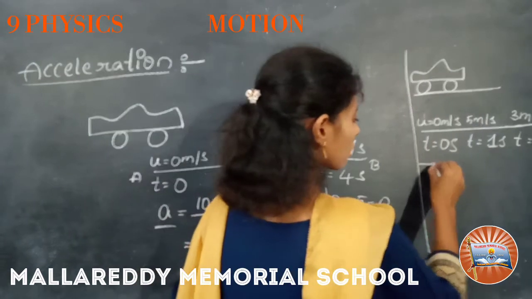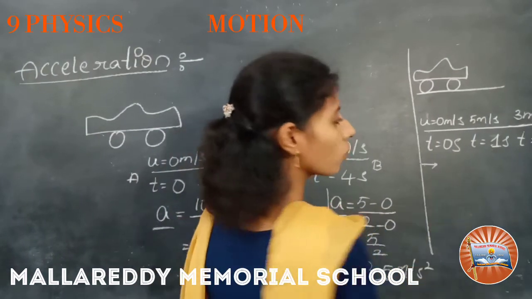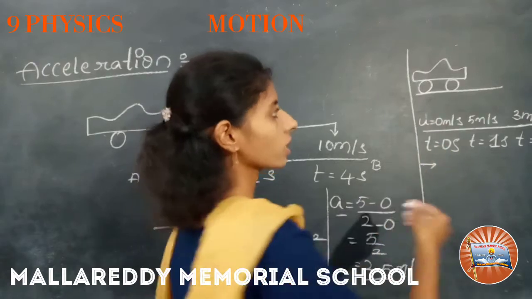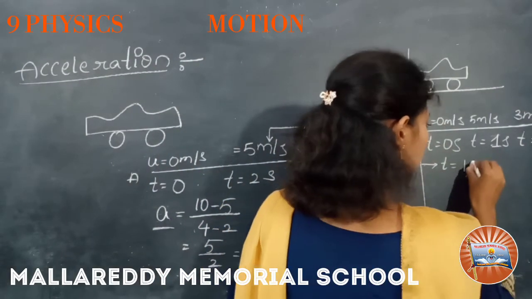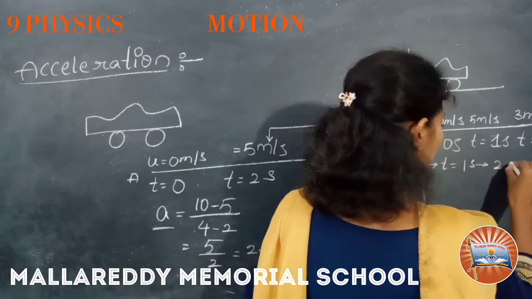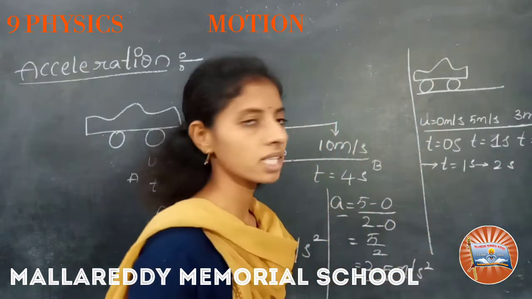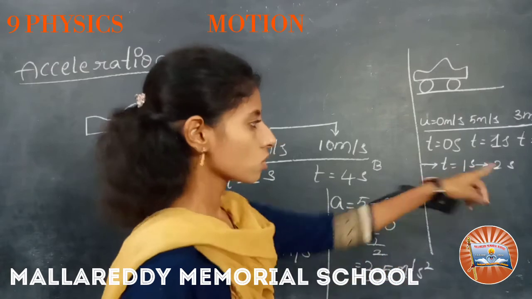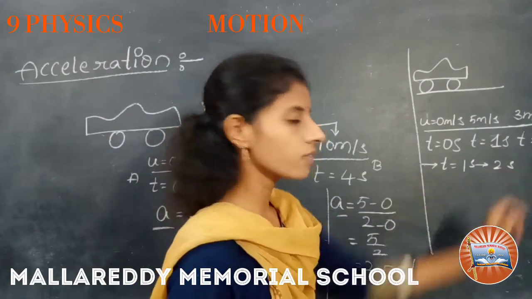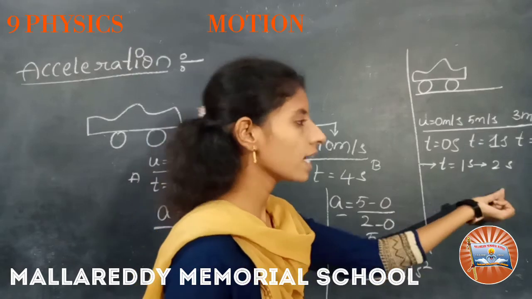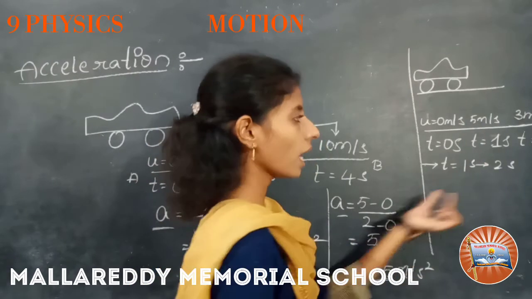Now if we want to calculate the acceleration of the car from time 1 second to 2 seconds, what is the acceleration of the car? Here 1 second is the initial point and 2 seconds is the final point. We know that it is final minus initial by time.